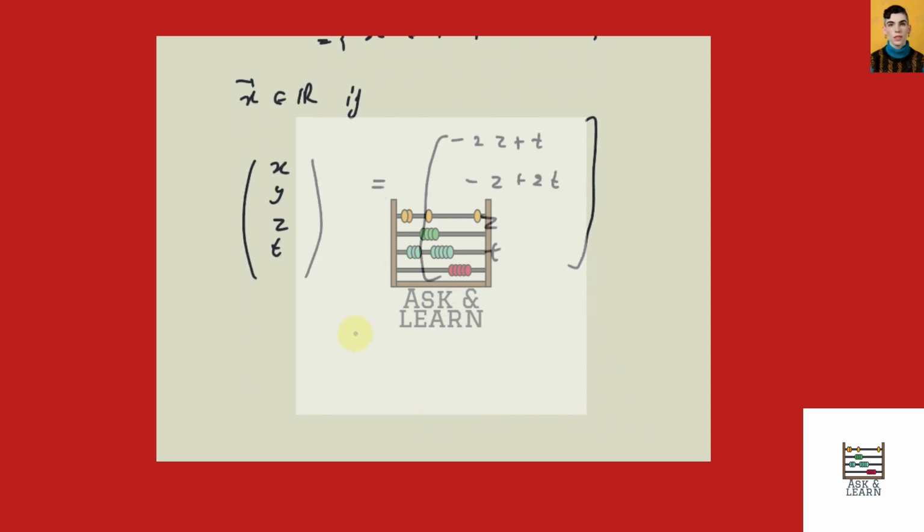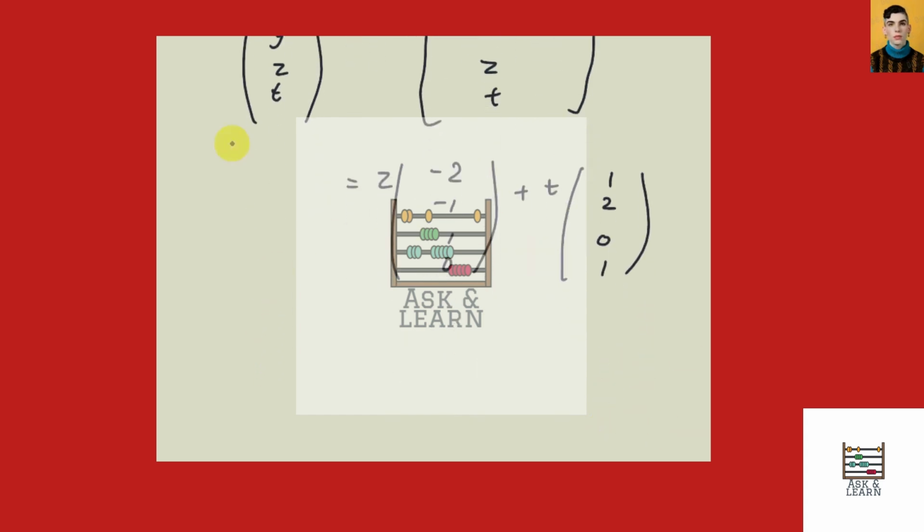It can be written by taking z common: z times (-2, -1, 1, 0) plus t times (1, 2, 0, 1).